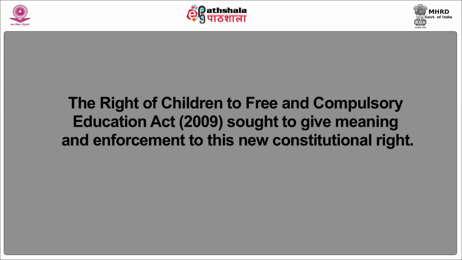The Right of Children to Free and Compulsory Education Act 2009 sought to give meaning and enforcement to this new constitutional right. The RTE Act mandates free and compulsory education for all children between ages 6 and 14 in neighborhood schools.